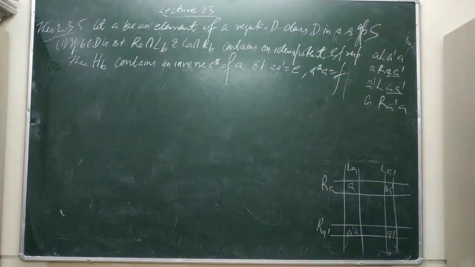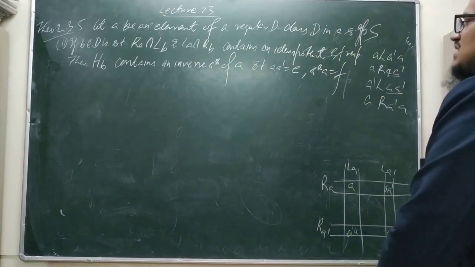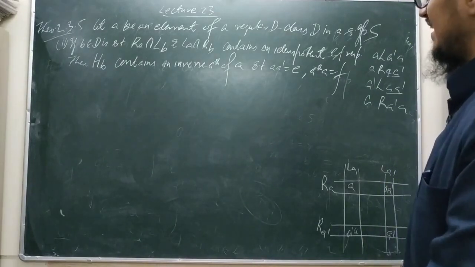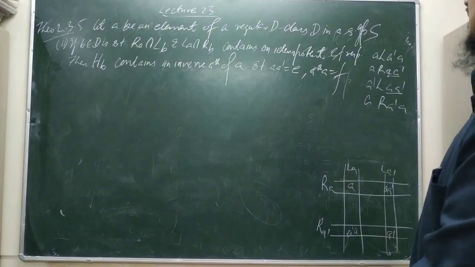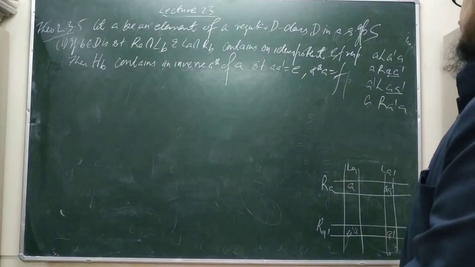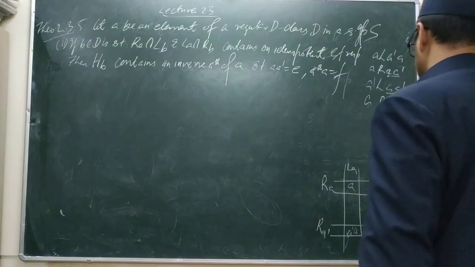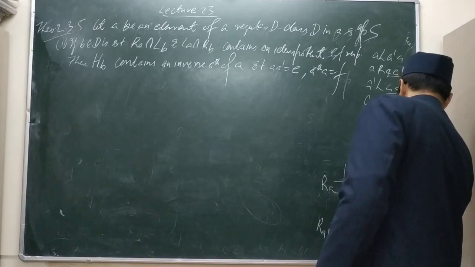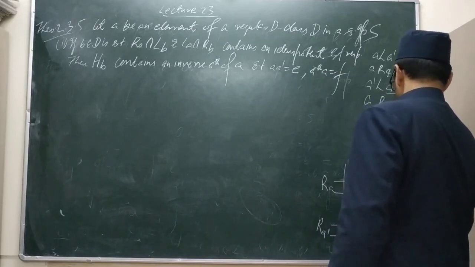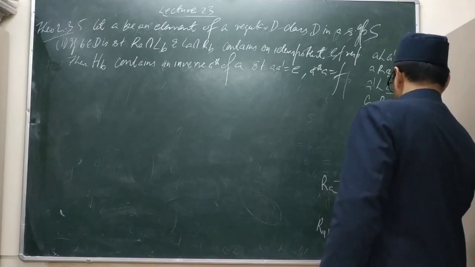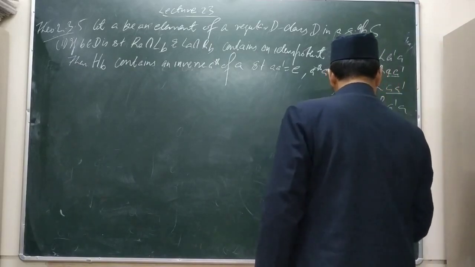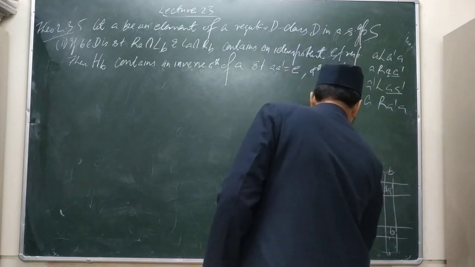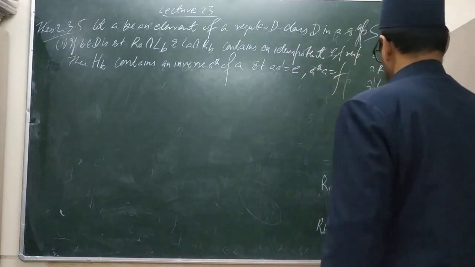So what is the question? If B is in D such that R_a intersection L_B and L_a intersection R_B contain idempotents E and F. Is it clear? For example, this is a, R_a, and this is B. So this is L_B, and this is R_B.